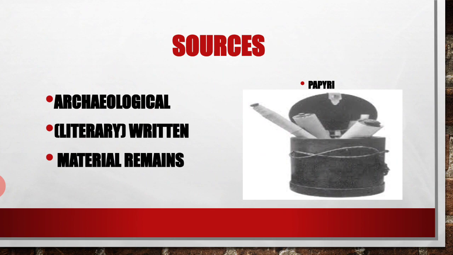In archaeological sources, we came to know about the Roman Empire with the help of amphitheaters, statues, aqueducts, etc. And in the written, that means literary work, we came to know about texts like histories written by contemporary historians or documents, and material remains, that means buildings.